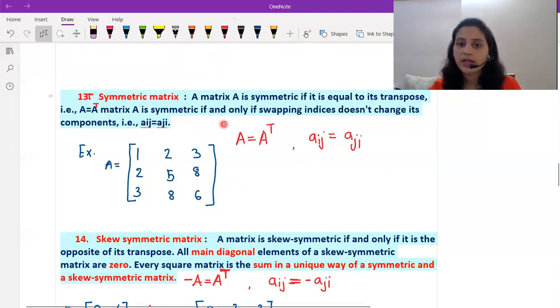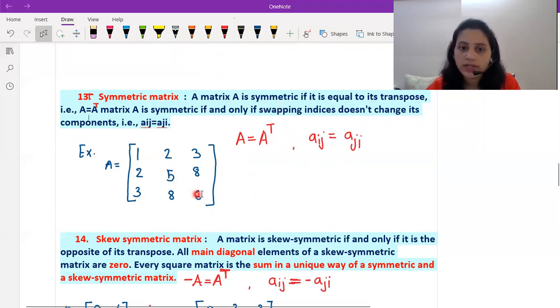Matrix A is symmetric if and only if swapping indices doesn't change its components. That means Aij is equal to Aji, meaning A is equal to A raised to T. So a matrix is symmetric if it is equal to its transpose.